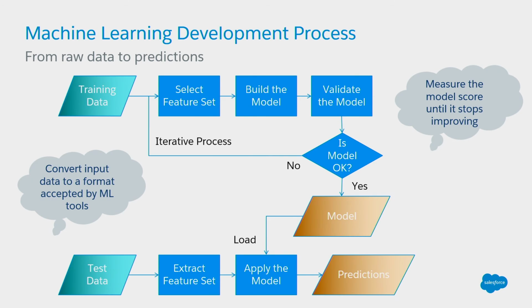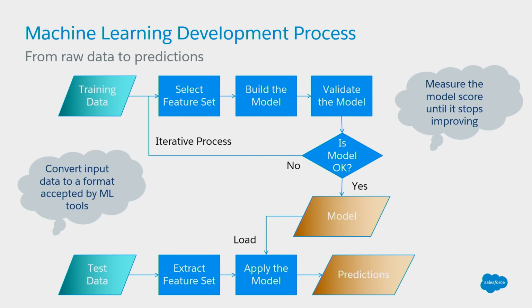It's important to notice that it is an iterative process until you find the model that is optimal for your business process. Once you find the model that is optimal, you save it and apply it to the test data. You take test data, extract features, the binary features that we discussed earlier, the same way, apply the model and get predictions.